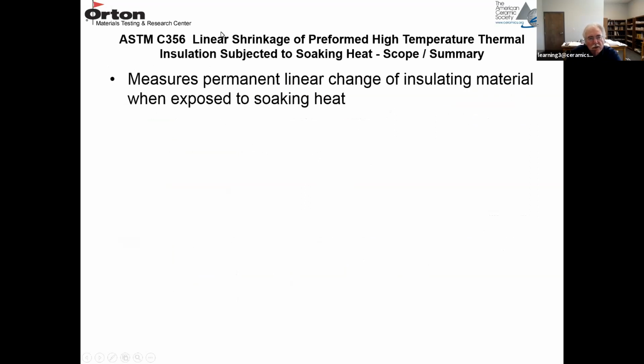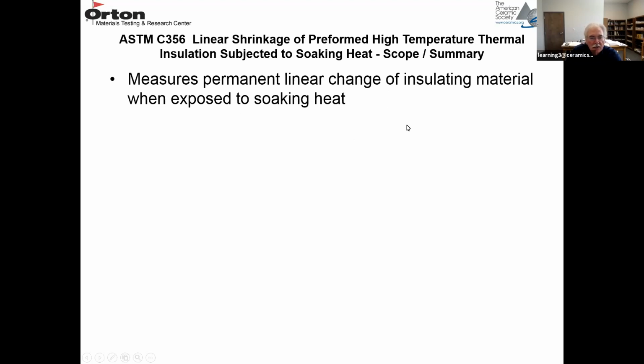I mentioned that reheat shrinkage was important because you don't want your lining to shrink and open up cracks. And that would cause issues with the shell of the furnace if it's a metal shell. And also you would not have the same insulating capability. So you have to measure the permanent linear change of the insulating material when exposed to some high temperature.